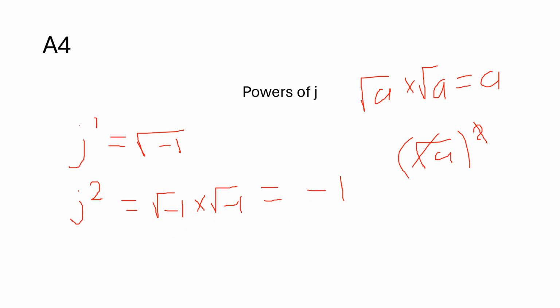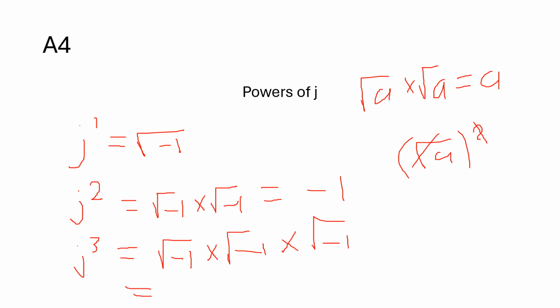Okay. Now let's say we have j cubed. So we'll have the square root of -1 multiplied by the square root of -1 multiplied by the square root of -1.